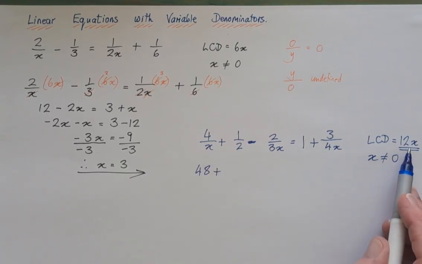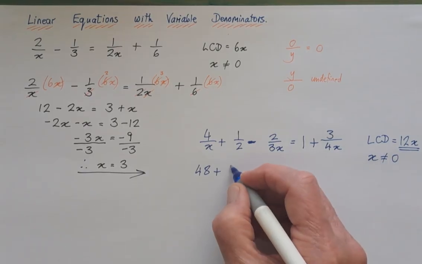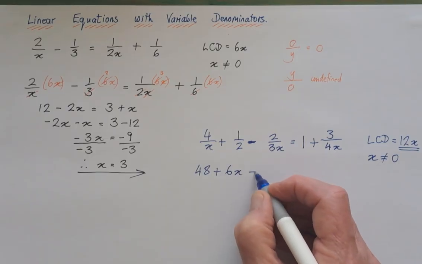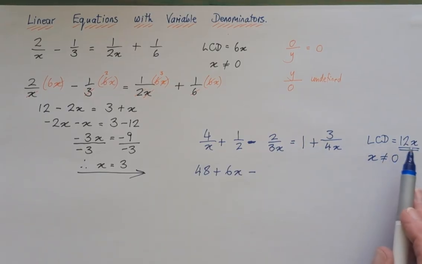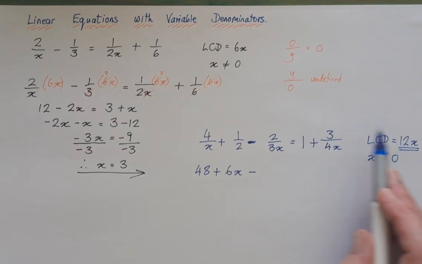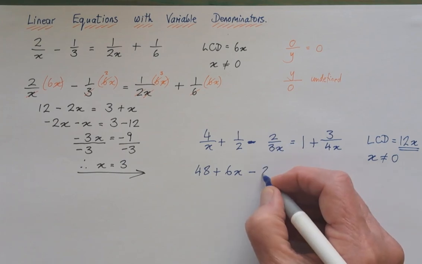Compare that to the LCD. 2 goes into 12x, 6x times. 6x times 1 is 6x. 3x divides into 12x 4 times because the x's cancel and 3 goes into 12 4 times. Take that answer. 4 times 2 is 8.